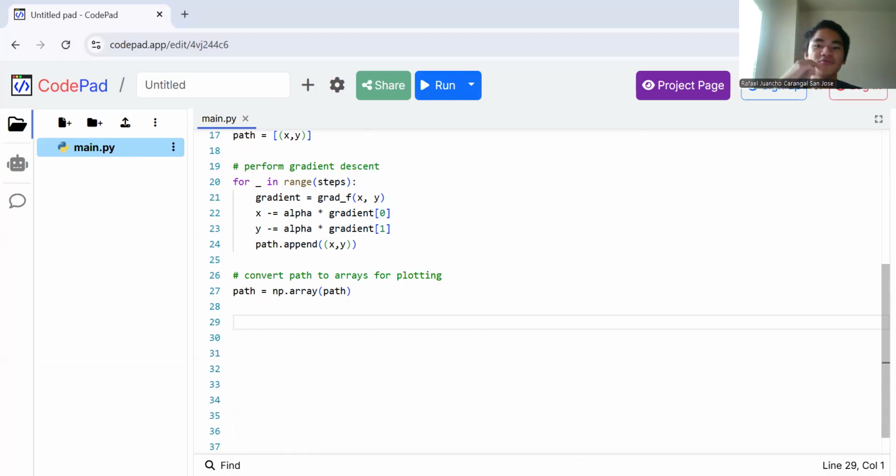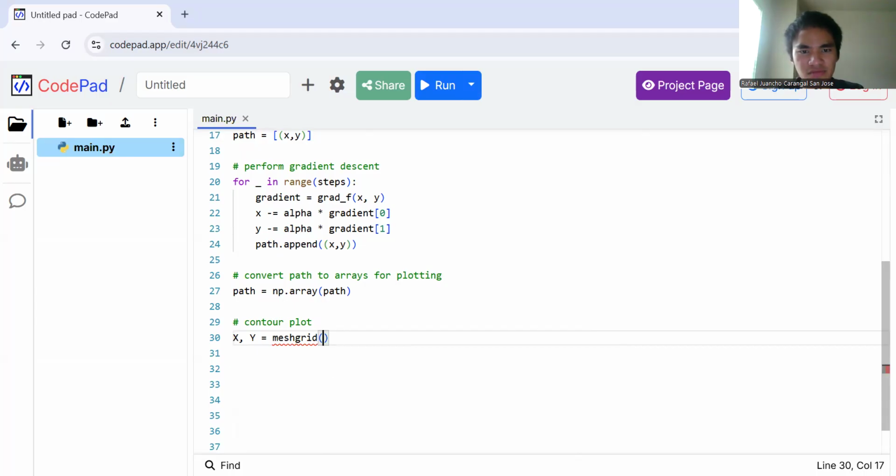We want to make a contour plot, right? Contour plot. So this is going to be some y that we're going to initialize. So x, y, mesh grid.